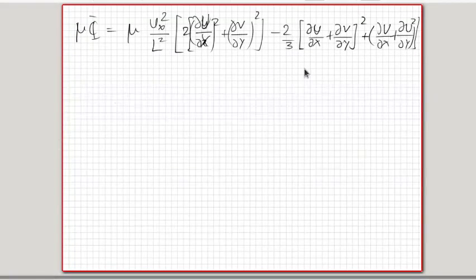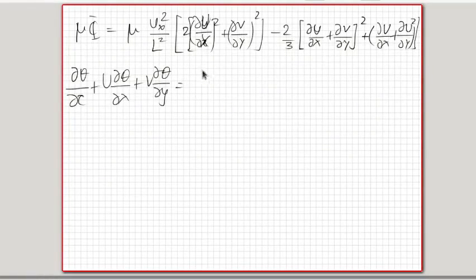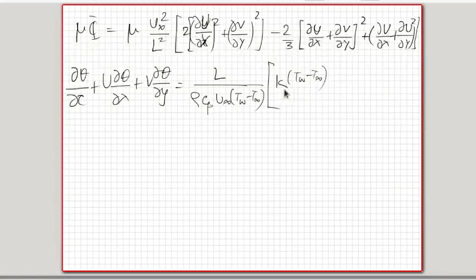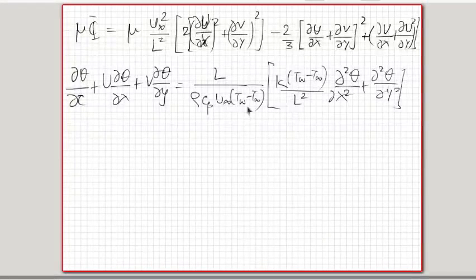So if I combine the equations, I'll get del theta by del tau plus u del theta by del x plus v del theta by del y is equal to, on the right hand side, the term that multiplies the whole right hand side: rho Cp u infinity into T wall minus T infinity into L. This multiplied by the first term, k into T wall minus T infinity divided by L square, multiplied by del squared theta by del x squared plus del squared theta by del y squared.